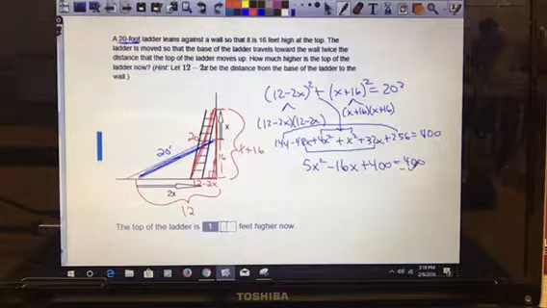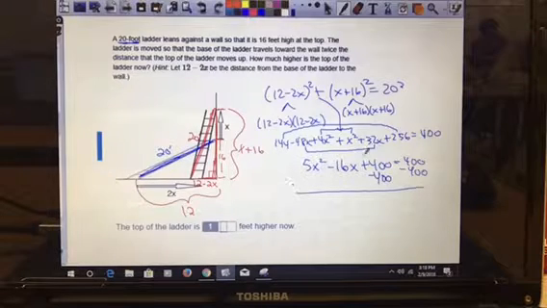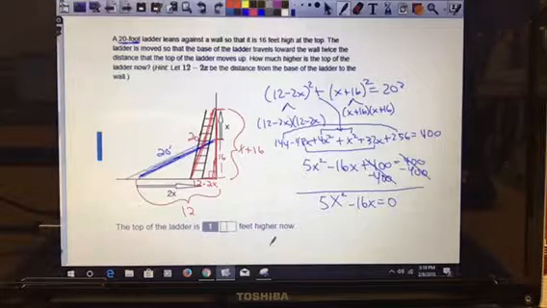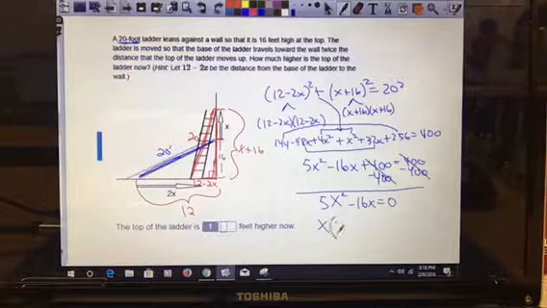So if I get it equal to 0, it's going to cancel out those 400s. So you're going to get 5x squared minus 16x equals 0. And then all you can factor out is an x. They both have an x. You'll be left with 5x minus 16 equals 0.